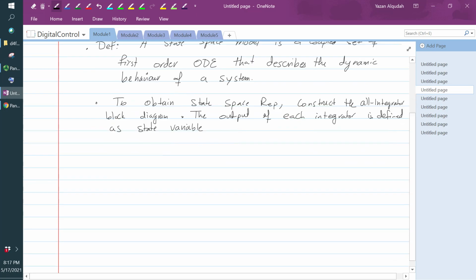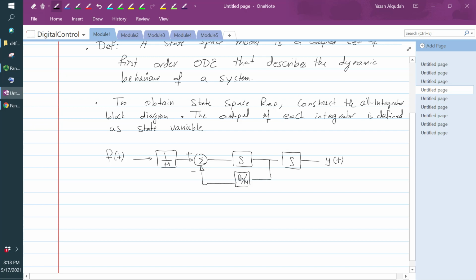So again, let's look at the example we just did. We have F of t, then we have a constant multiplied 1 over m, we have the feedback loop, we have an integrator here, we have a constant b over m, and this is positive, negative, and then we have an integrator here, and we have Y of t.